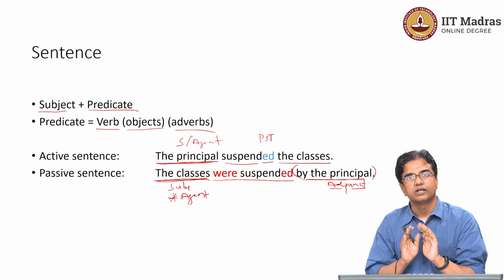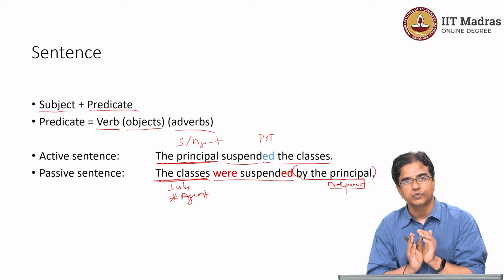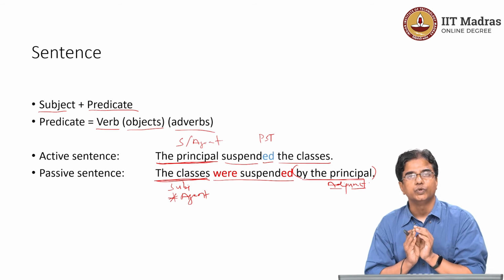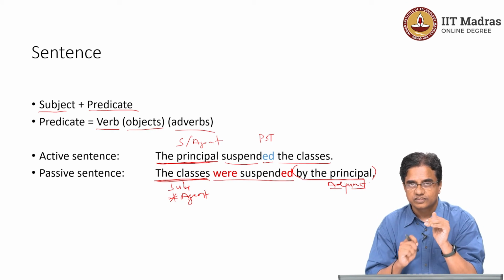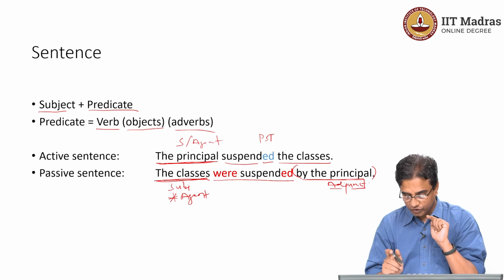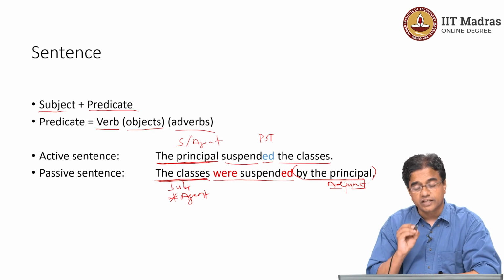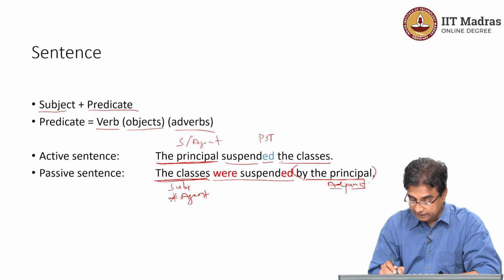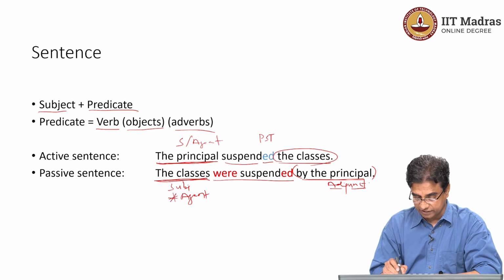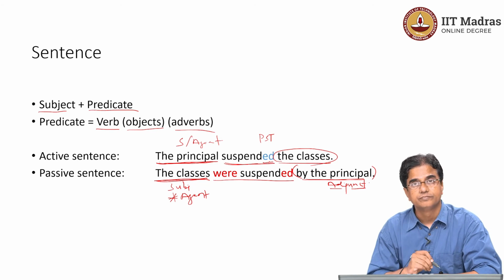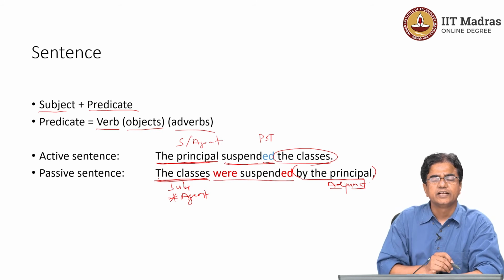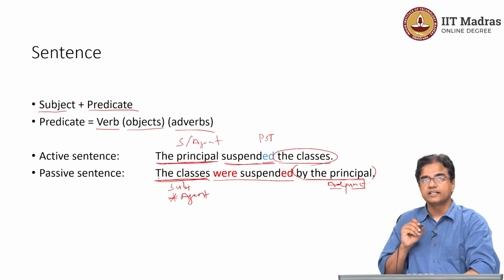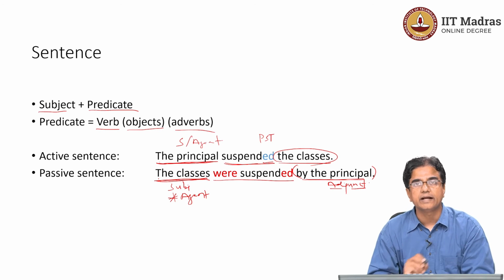This is one correction that we need to understand, because that's not how this computation works. However, it seems like here the object, the classes, is the object of this verb, and this is becoming the subject. And this is what helps us understand that no, there is no becoming.